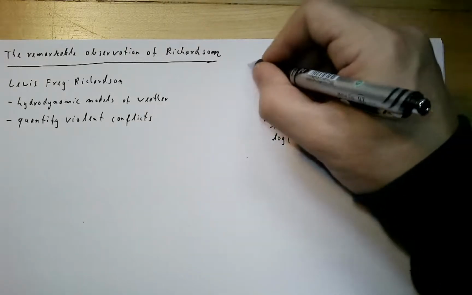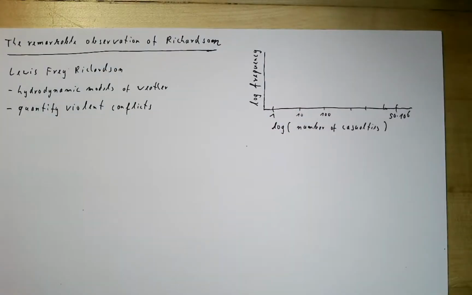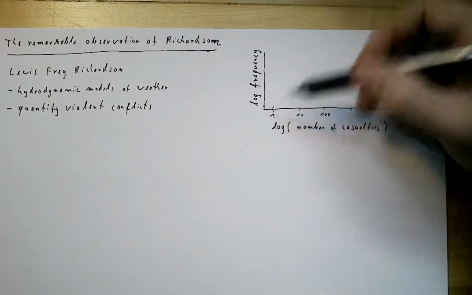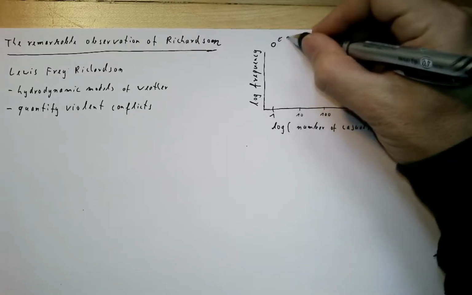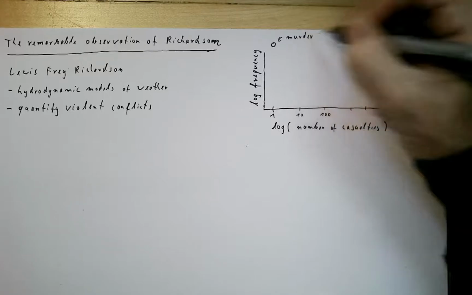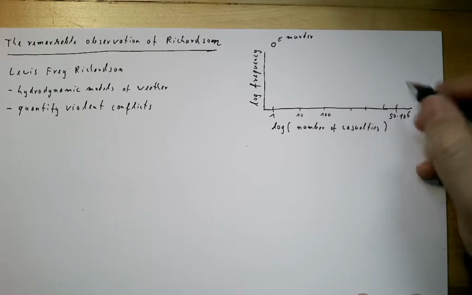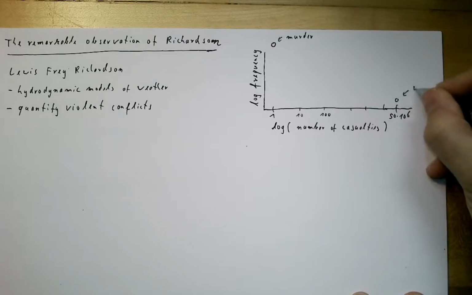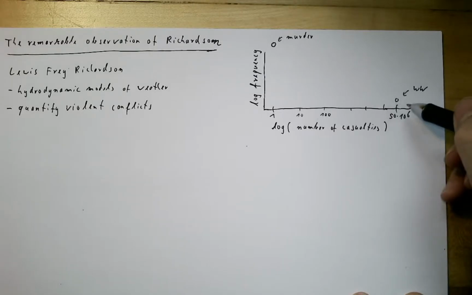And now we plot here the log of the frequency, and then we have a single murder. So we have of course a lot of murders, like somebody was knifed, like in all the detective stories. And here we have a world war, and then we have not so many of these.